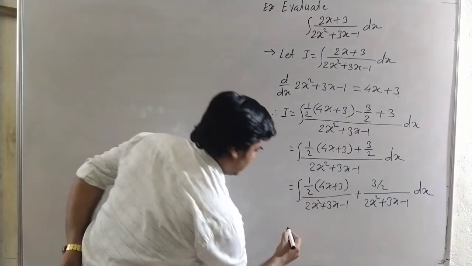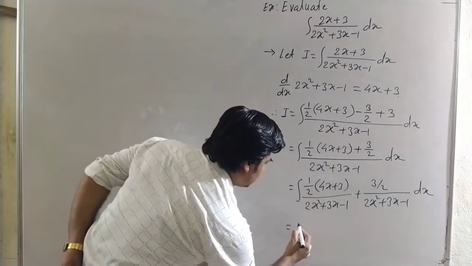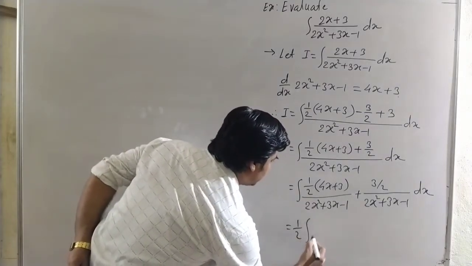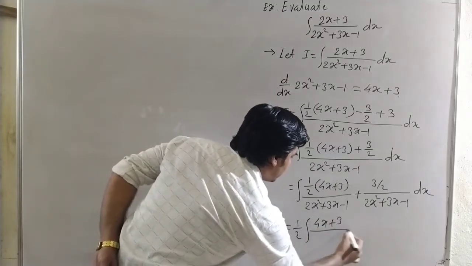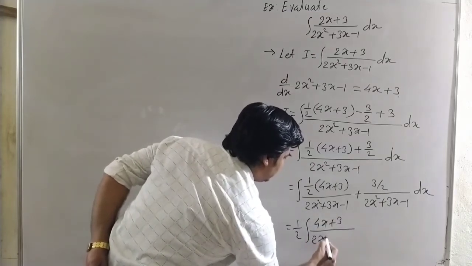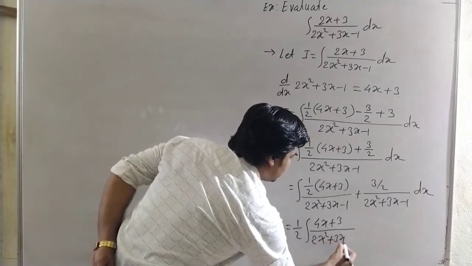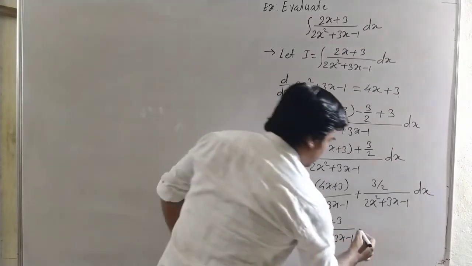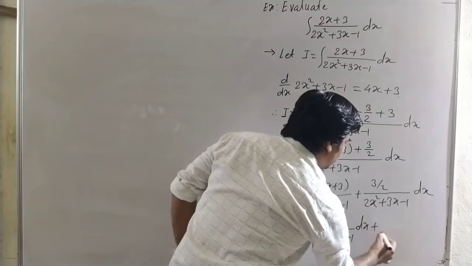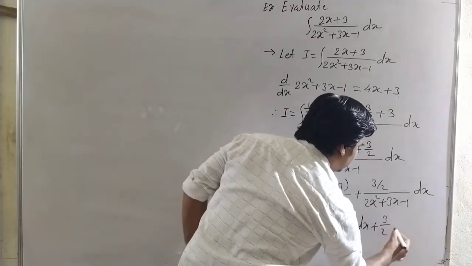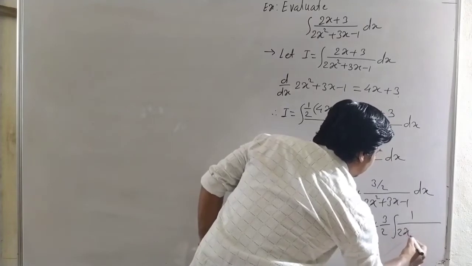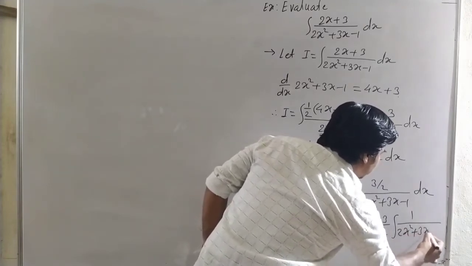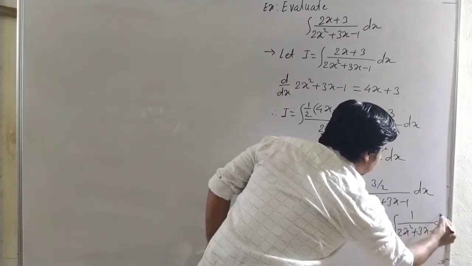Now separate the integrals. Therefore it is 1 by 2 into integral of (4x plus 3) upon (2x square plus 3x minus 1) dx, plus 3 by 2 into integral of 1 upon (2x square plus 3x minus 1) dx.